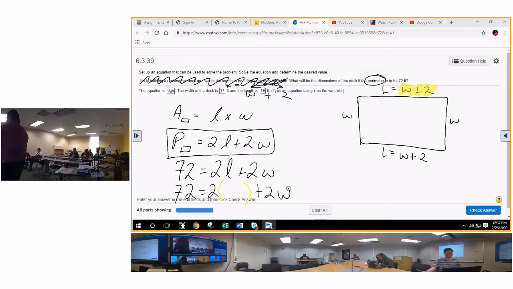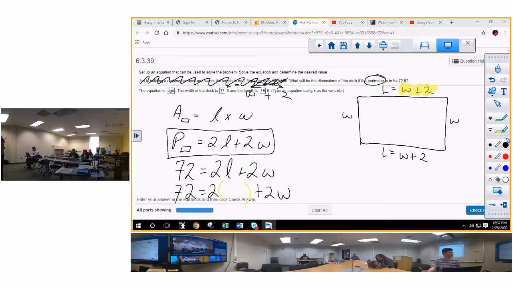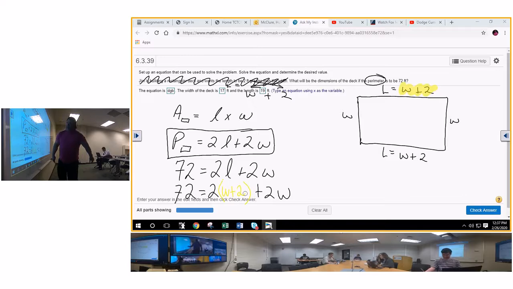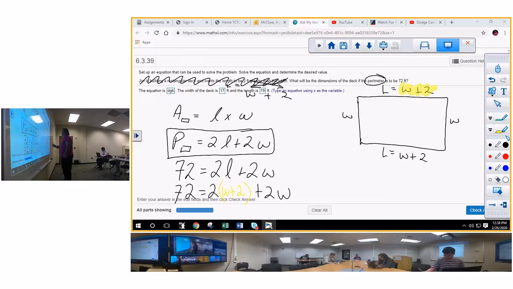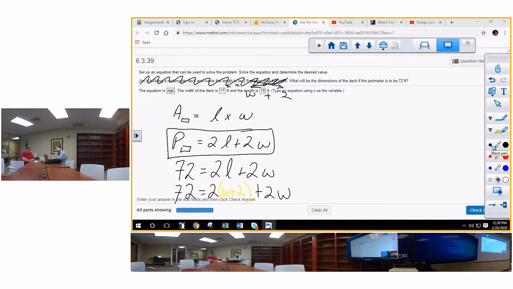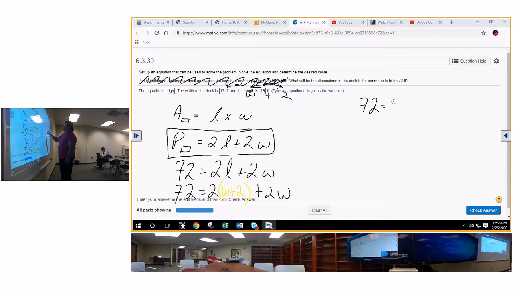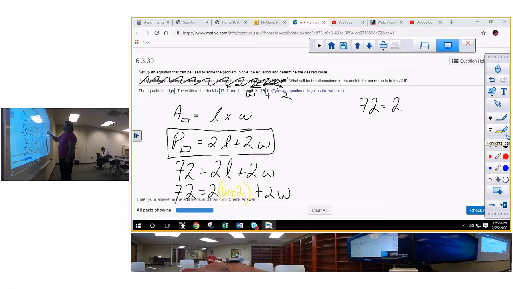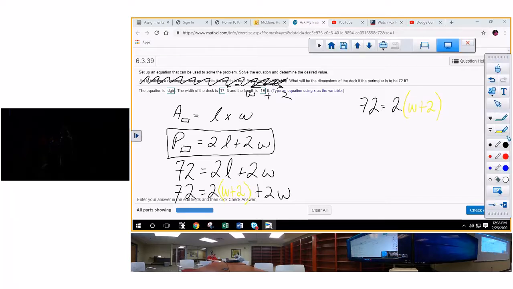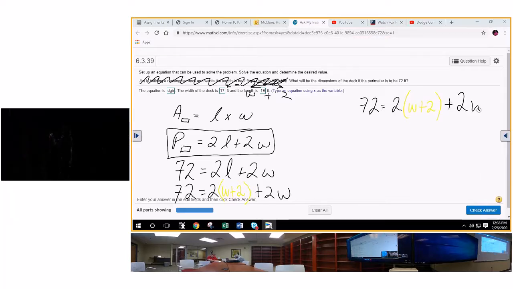Anyway, W. So I'm going to erase this right here, but I'm going to go ahead and put in that W plus 2 right there for that L. And now I'm just going to do the math. So I'm going to erase this. And I got 72 is equal to 2, things I do for y'all, W plus 2 plus 2W.